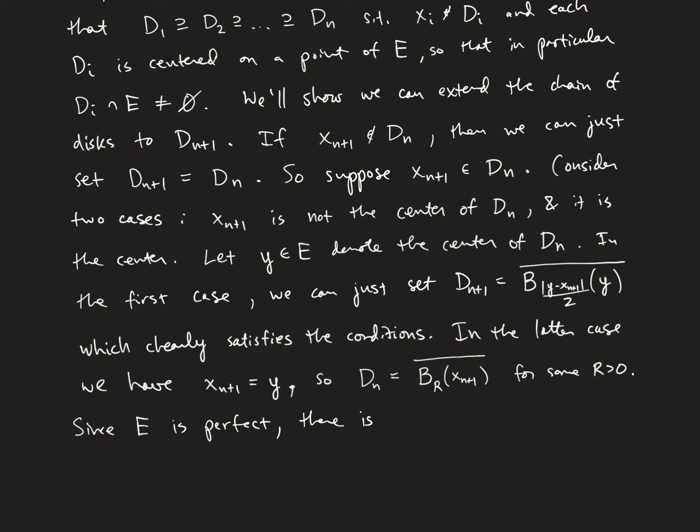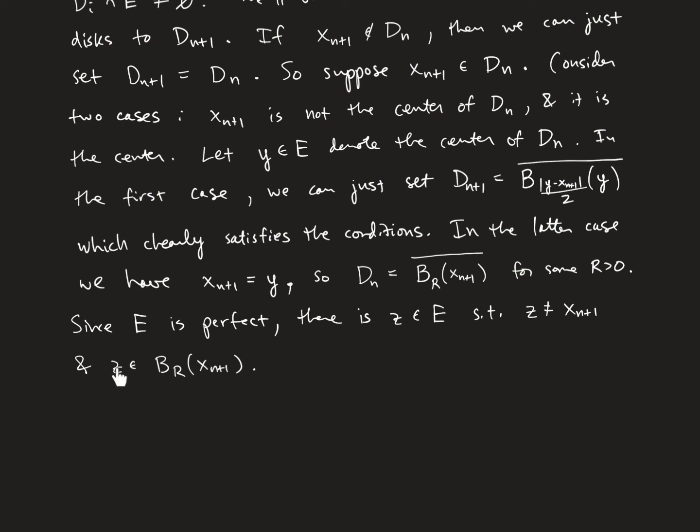So there is z in E such that z is not xn plus 1 and z is in the open ball of radius r around xn plus 1.